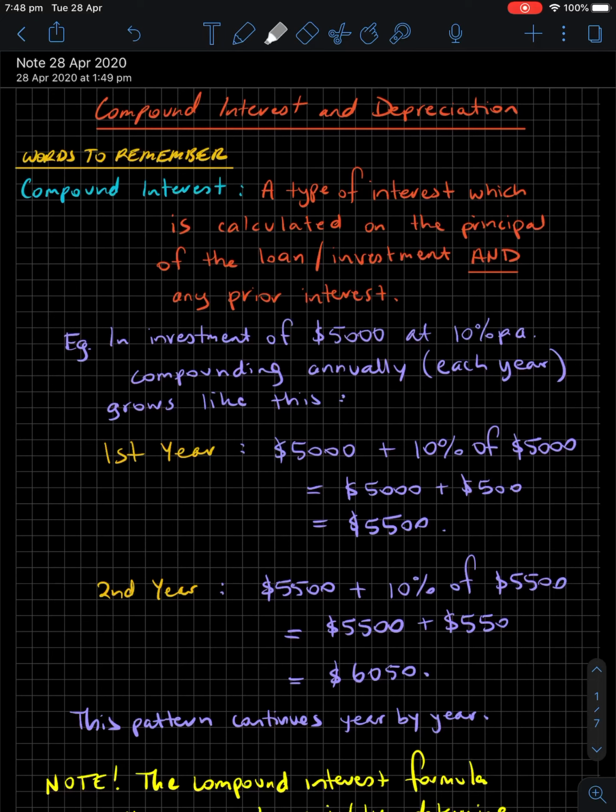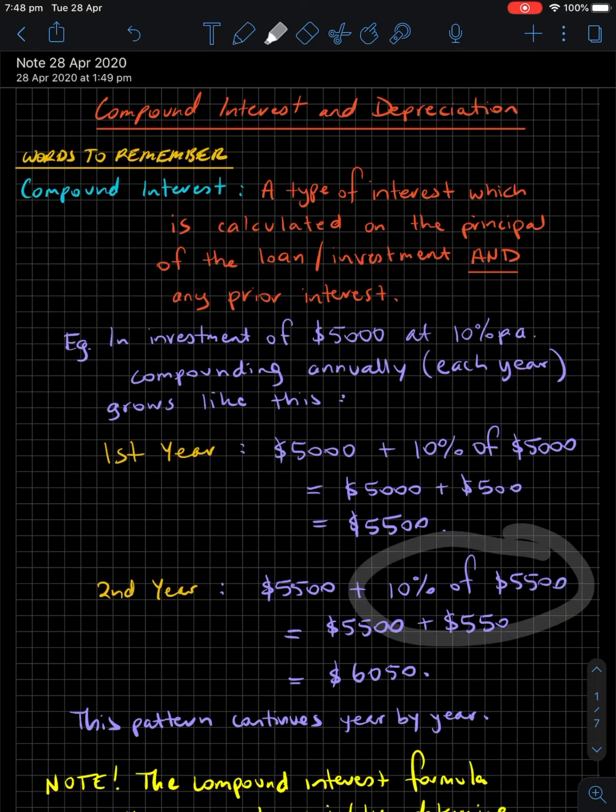In the second year, you've got your 5,500, because that's what you got at the end of the first year. And then you get your 10% of your money, and the money that you're getting 10% of includes that interest that you just got. Whereas with simple interest, that would just be the original $5,000 you invested. It wouldn't include any extra interest.